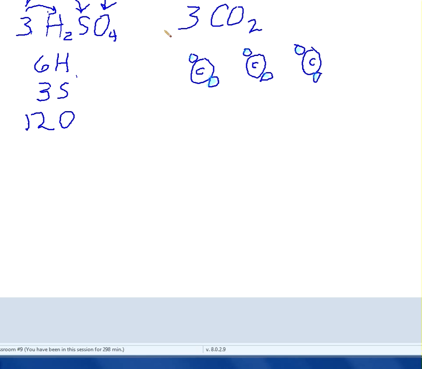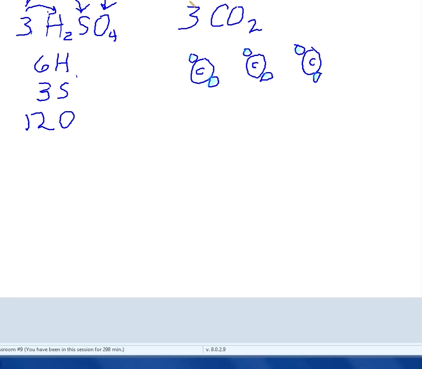Let's just see if this method indeed does work and tell me how many atoms I have altogether. So rather, instead of having just 1 molecule of CO2 right here, we're going to make 3. So there's 1, 2, and 3. How many total atoms would you find of each element in 3 molecules of CO2?